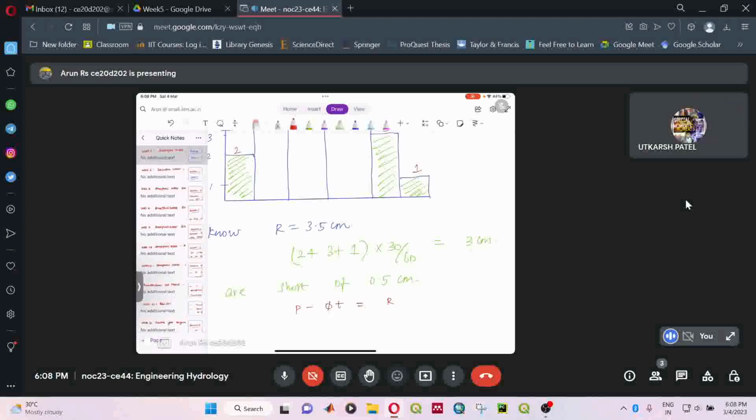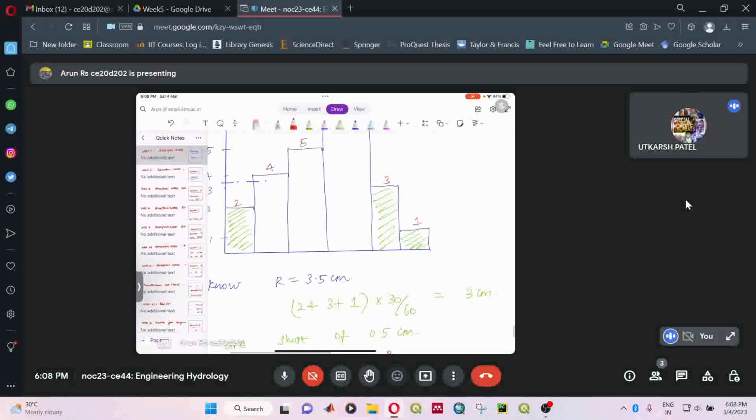Yes, sir. So our runoff should be 3.5, but we are only having 3 centimeter. So you can eliminate these 3 blocks, and in the next successive interval, you can assume your phi index. So between 3 to 4, if you assume, you will get your phi index directly without doing any trial.